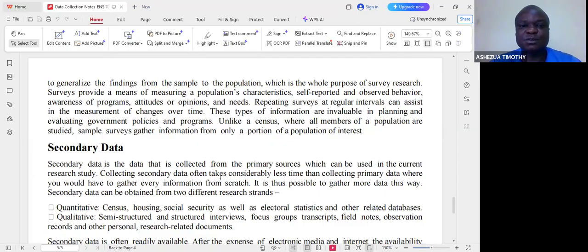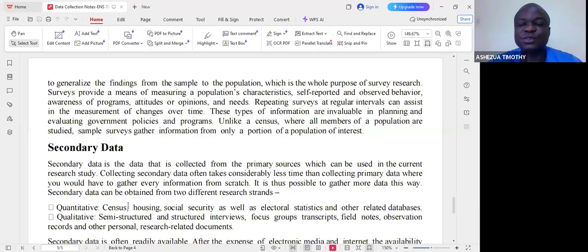Collecting secondary data often takes considerably less time than collecting primary data, where you would have to gather every information from scratch. It is therefore possible to gather more data this way. So secondary data can be obtained from two different strands, one quantitative and one qualitative.